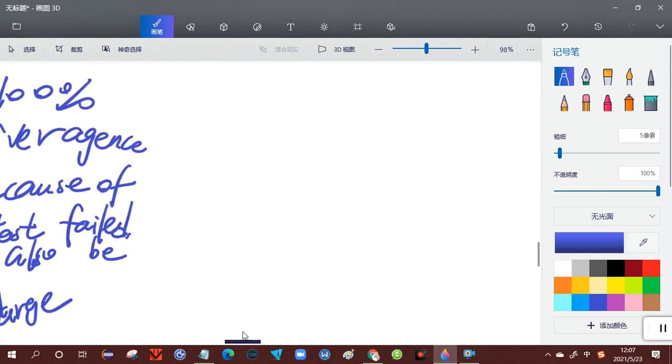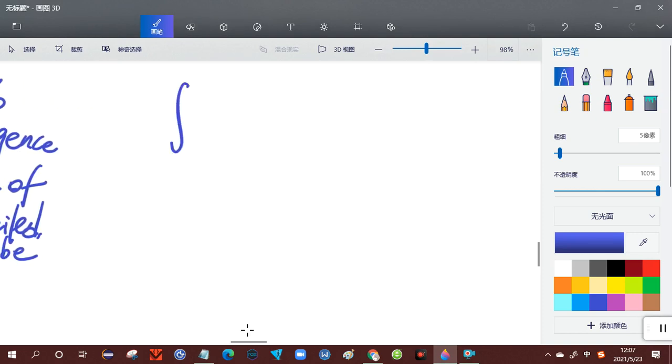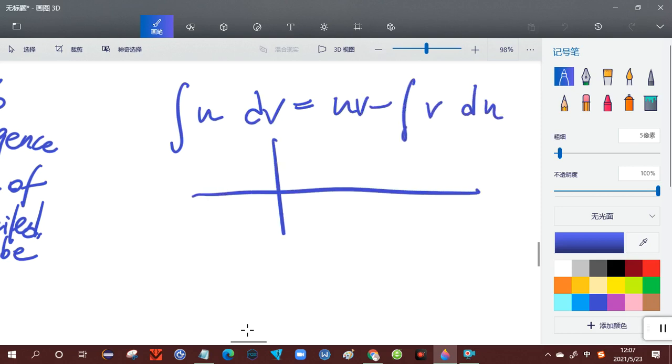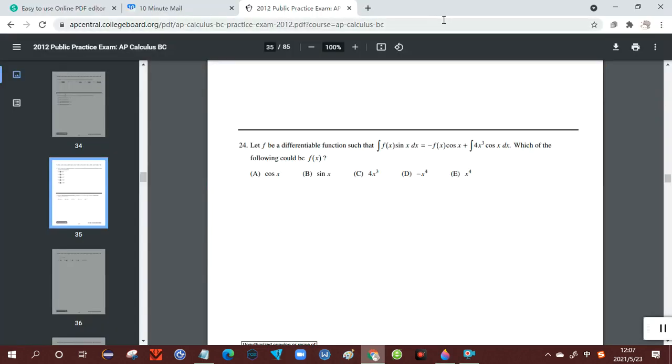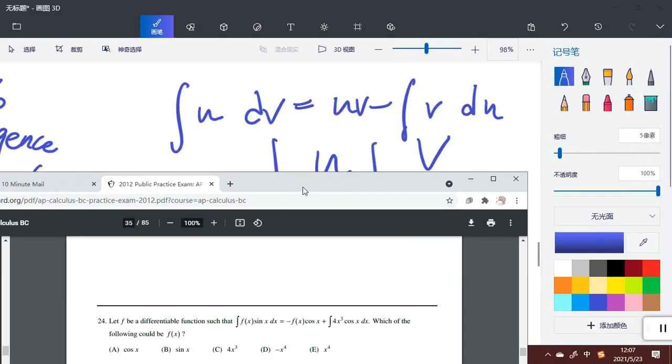Let me double check: the integral of u dv is equal to uv minus the integral of v du. We can then list out a chart of u, v, du, dv. So we need to observe.